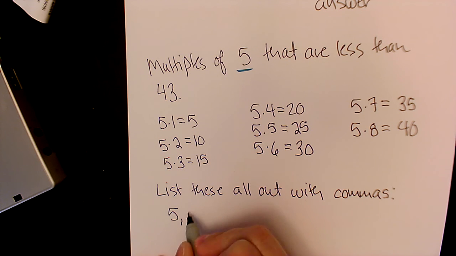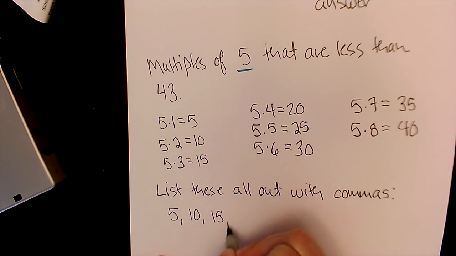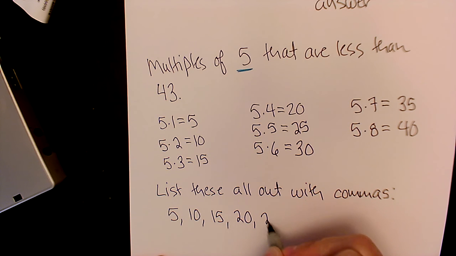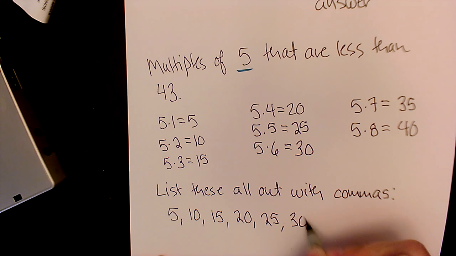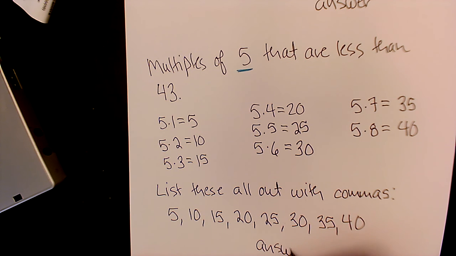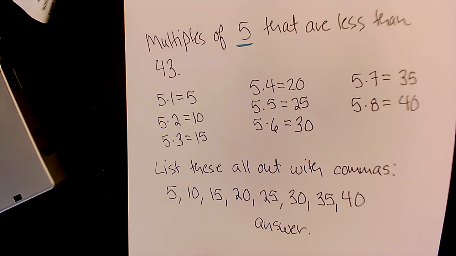So here are my multiples of 5 less than 43: 5, 10, 15, 20, 25, 30, 35, 40. That's it for the multiples.